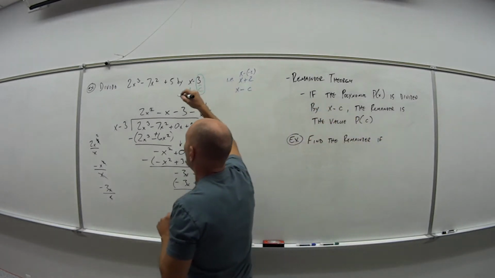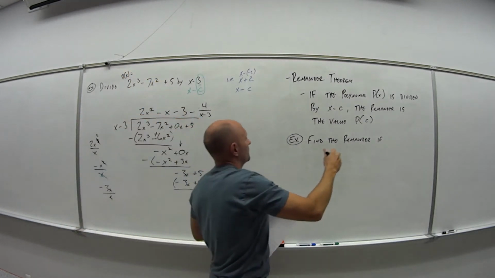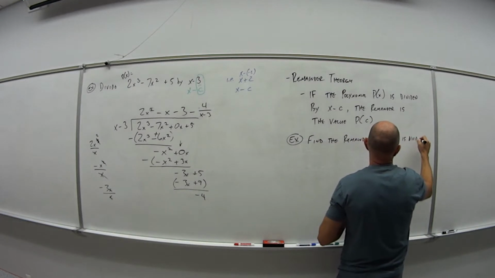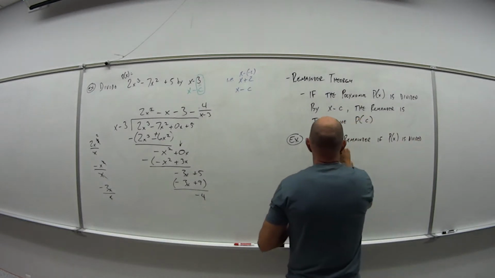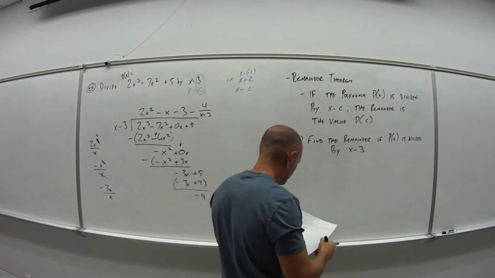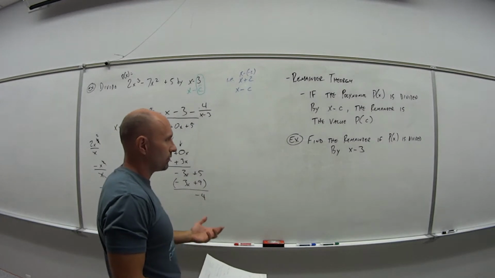Let's call this guy p of x. So if p of x, from the previous example, is divided by x minus 3, that means our c is equal to 3.